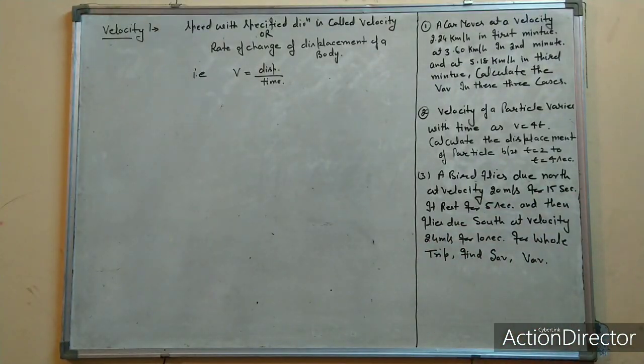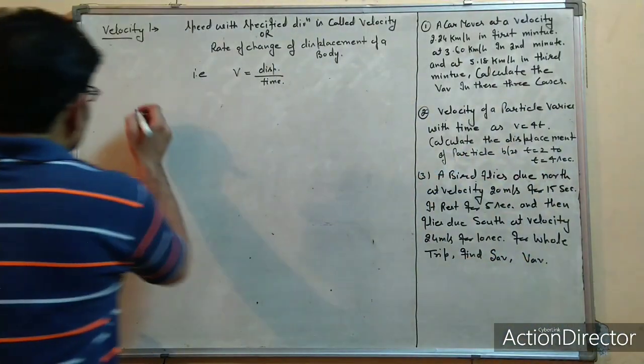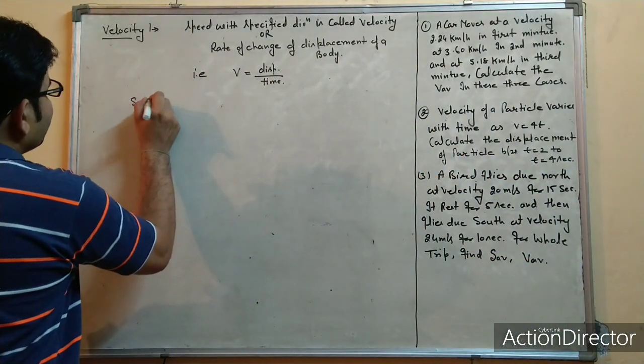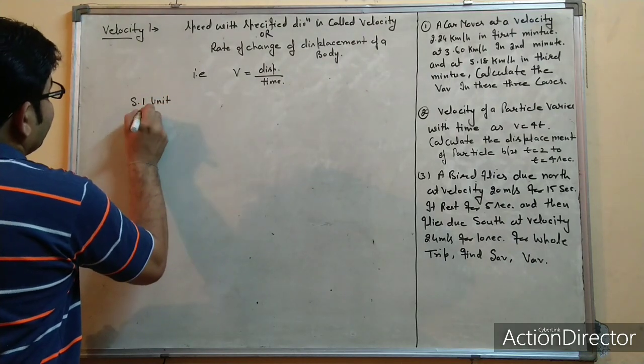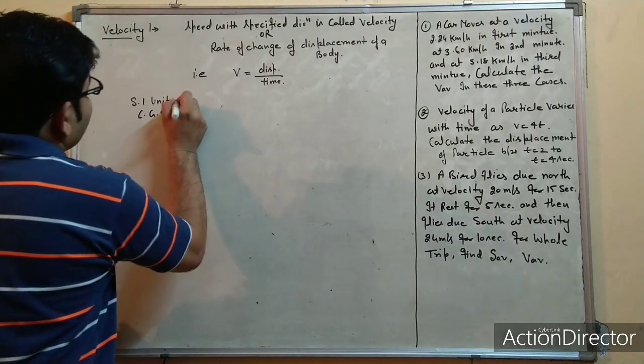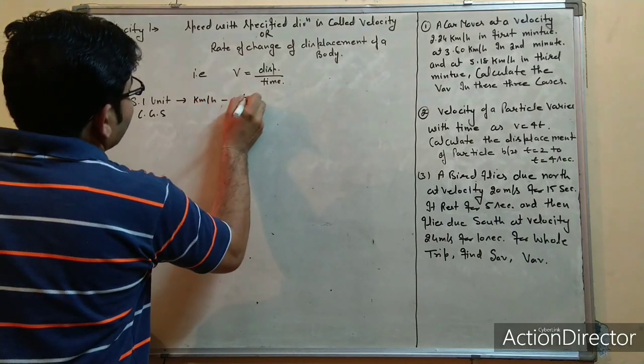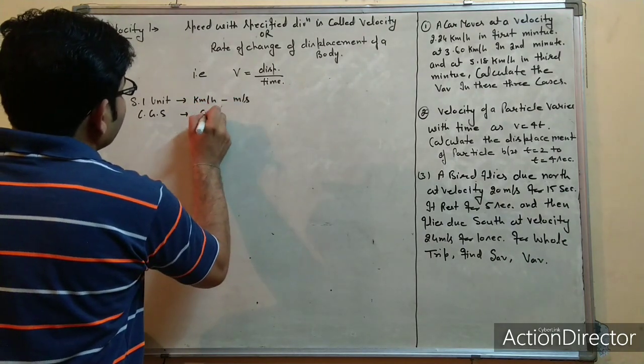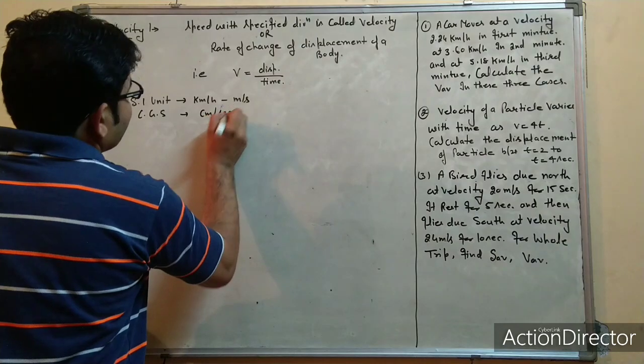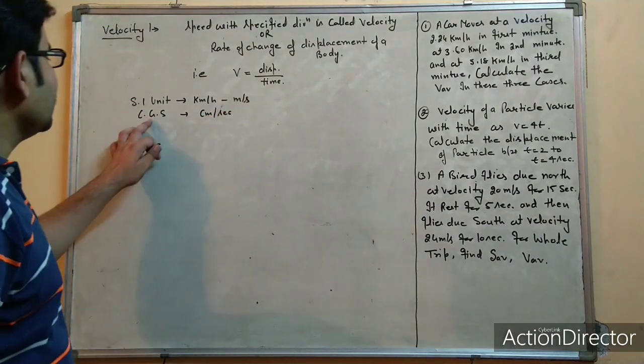Now its unit and dimension. Its SI unit and CGS unit: the SI unit is kilometer per hour or meter per second, while centimeter per second is the CGS unit.